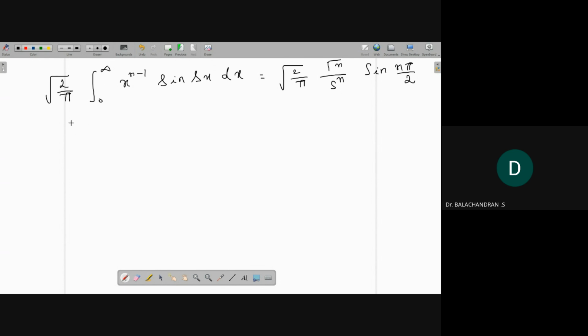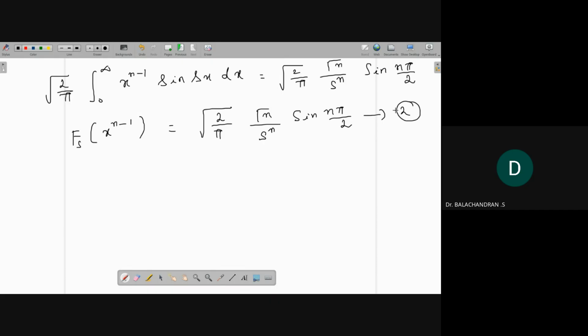So the left hand side, by definition, is the Fourier sine transform of x power n minus 1, which is equal to root 2 by pi into gamma of n by s power n into sine n pi by 2. I'll call this equation number 2.